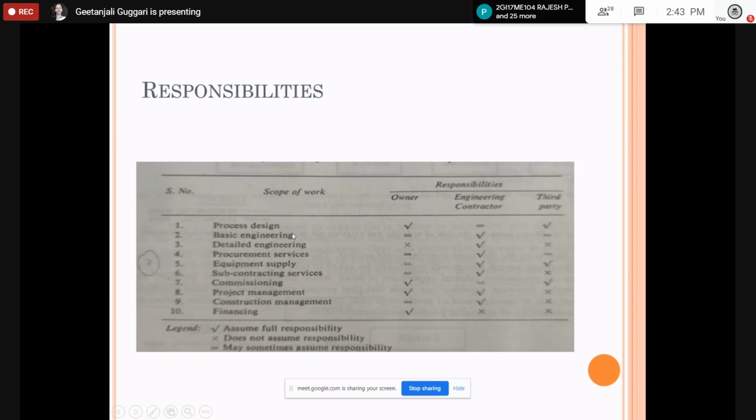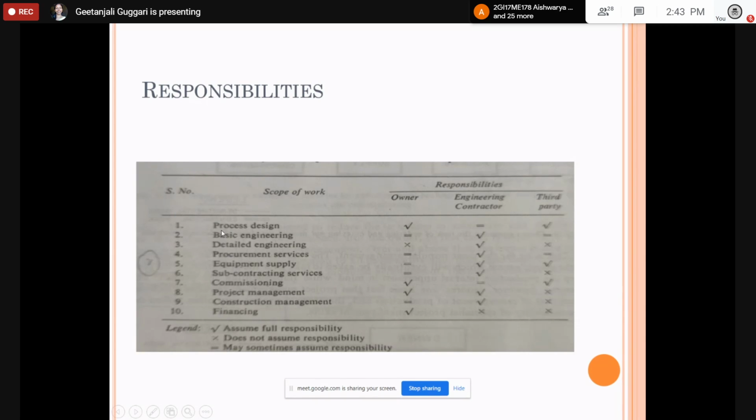You need to do the process design for your project, basic engineering, detailed engineering, procurement services, equipment supply, subcontracting services, commissioning, project management, construction management, and the financing.